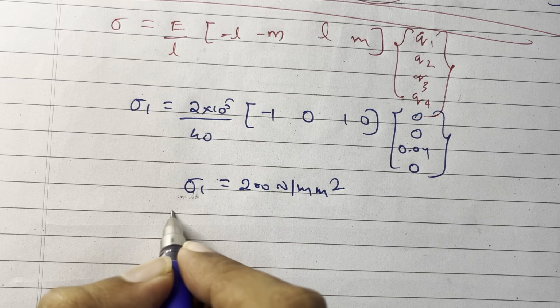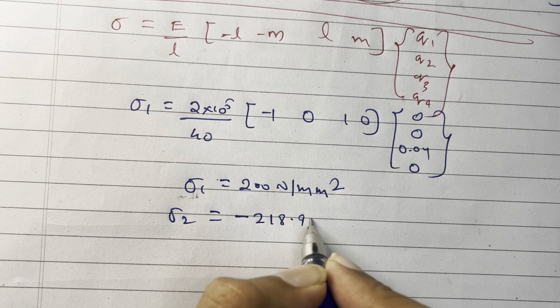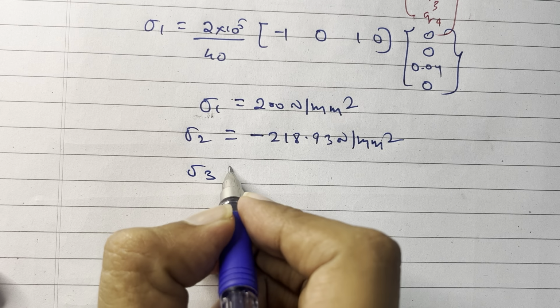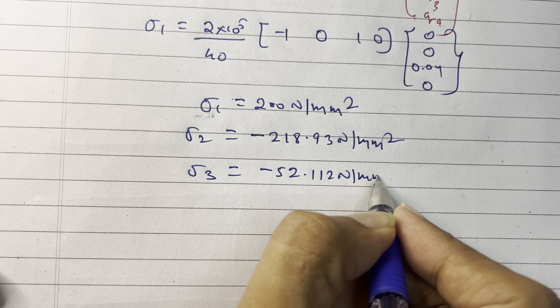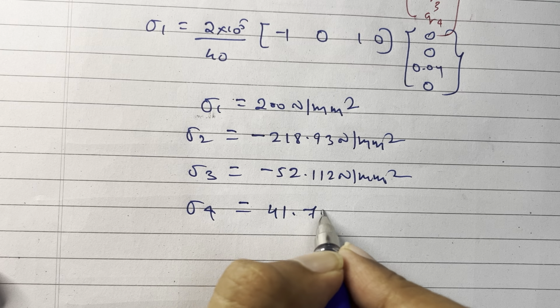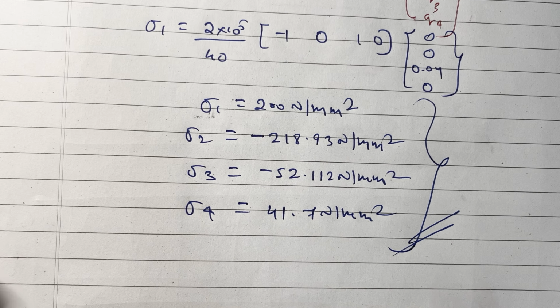Similarly, we'll get sigma 2 as minus 218.93 Newton per mm square, sigma 3 as minus 52.112 Newton per mm square, and sigma 4 as 41.7 Newton per mm square. You just solve it and try to get these answers.